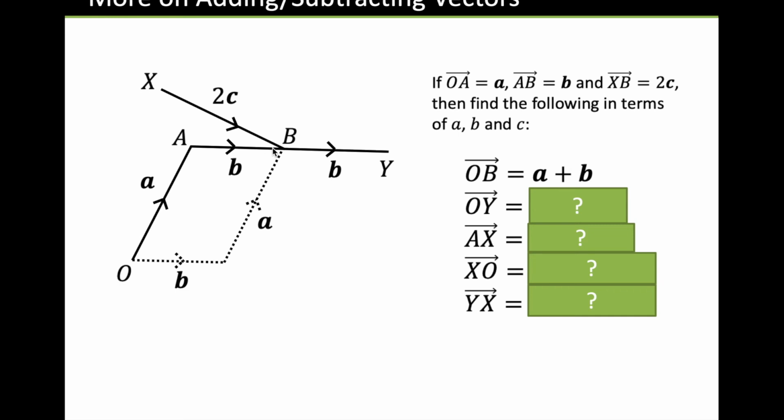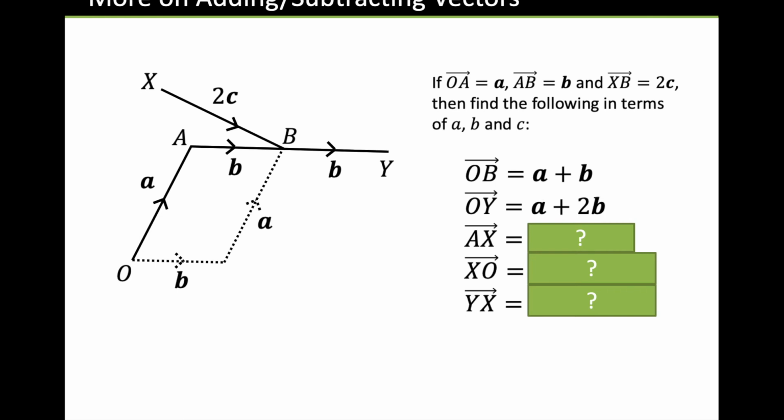But what about vector OY? This from O to Y, we have vector A, and we also have 2B. So OY is equal to A plus 2B.